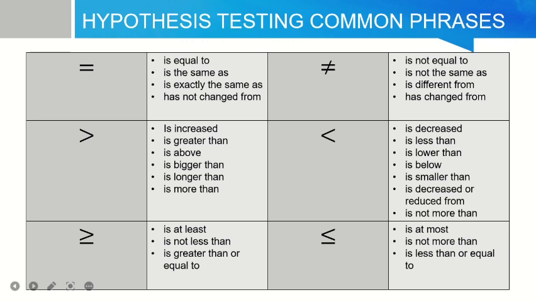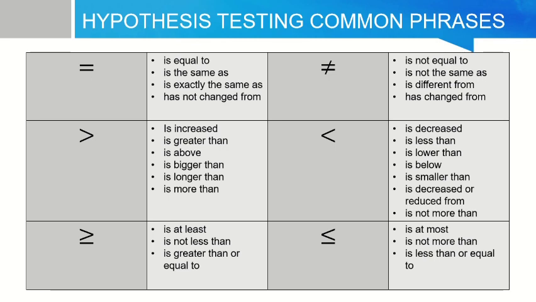Opposite. Then, kung dito is increase, dito naman is decrease kapag less than. Kung greater than, dito is less than. Kung is below, is lower than, or is smaller than, or is decrease or reduce from, or is not more than.